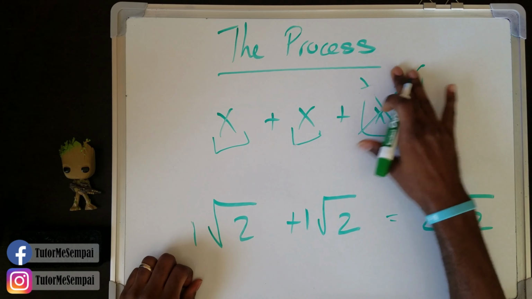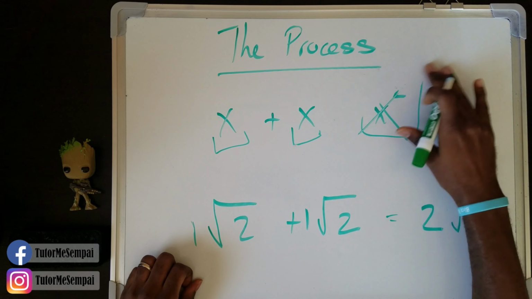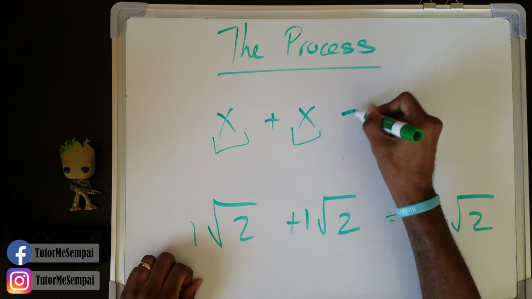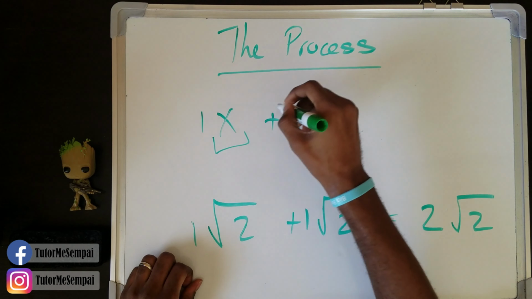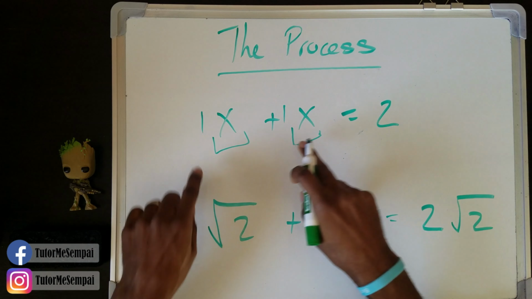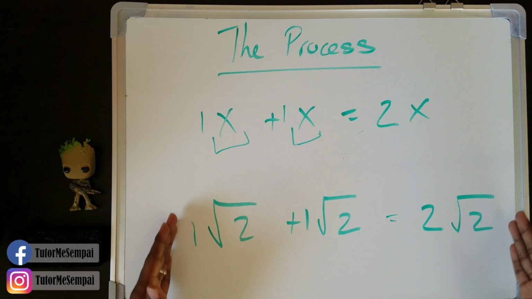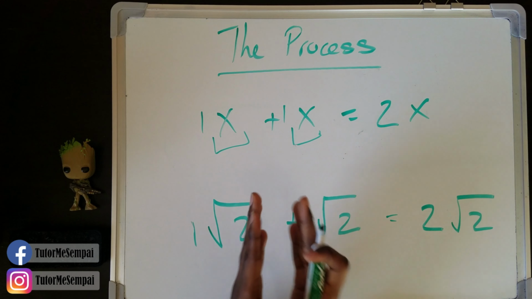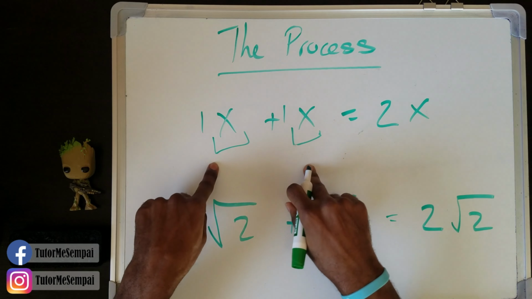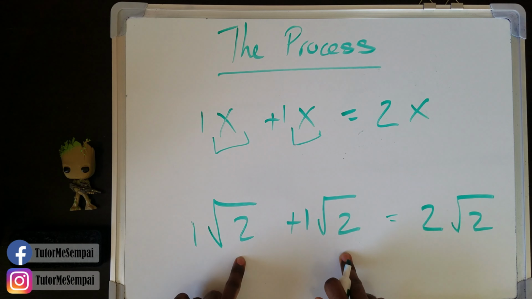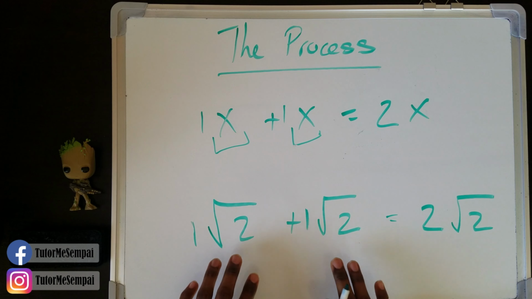Similar to how you would for x's, right? If you have two x's, and you want to combine them as an understood one, and then you add the coefficients, and then you leave your x alone. You see, it follows the same exact pattern. So if you know how to combine like terms like you would for variables, you're going to do the same exact thing for your radicals.